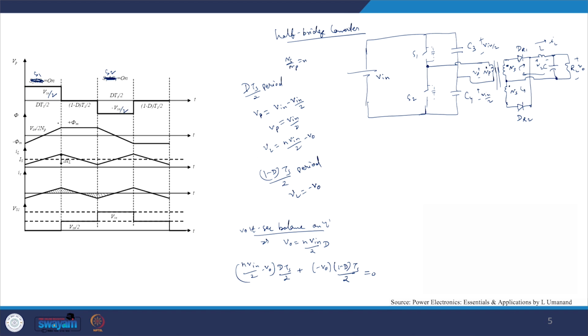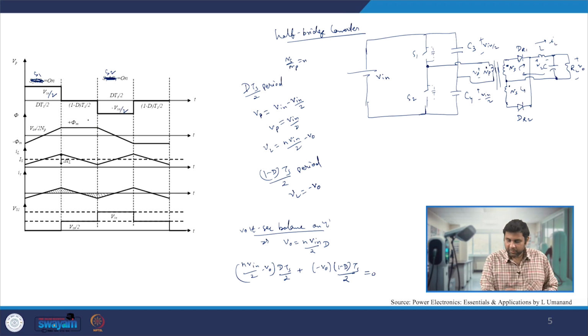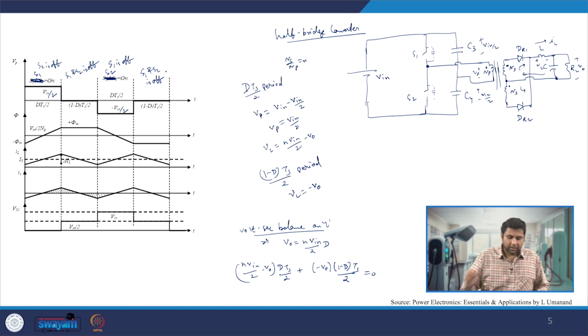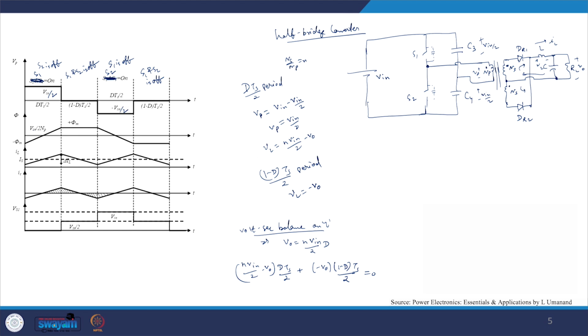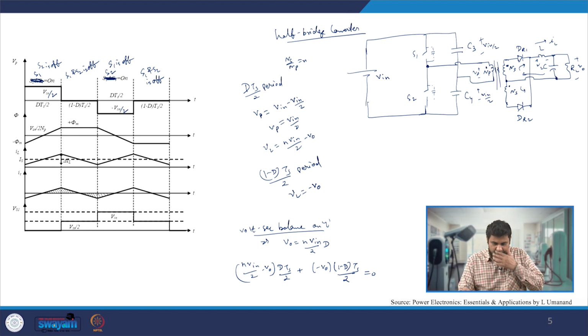With that our flux will be rising, it reaches plus phi m, and then when my S1 switch is off, my S2 is already off, so S1 and S2 are both off. During that time, with both S1 and S2 off, the Vp applied is 0, and that's when the current will be distributed among the two windings, and we can say that these two windings are short circuited.